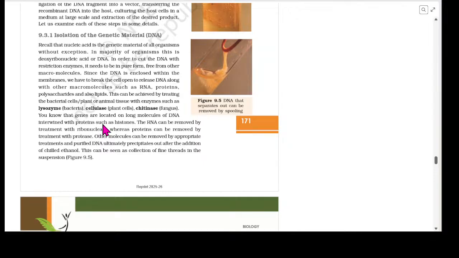The RNA can be removed by treatment with ribonuclease, whereas proteins can be removed by treatment with protease. Other molecules can be removed by appropriate treatments, and purified DNA ultimately precipitates out after the addition of chilled ethanol. This can be seen as a collection of fine threads in the suspension.